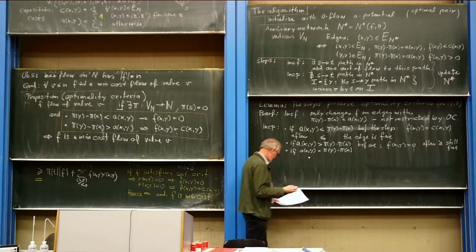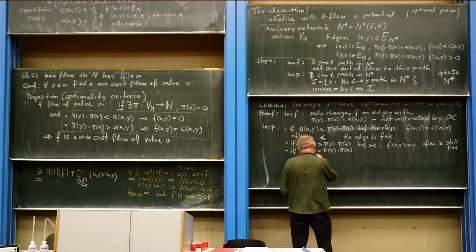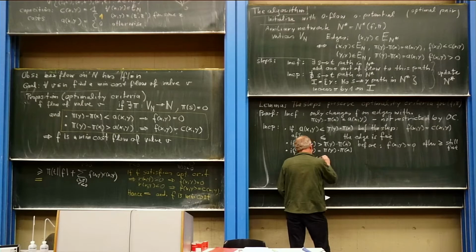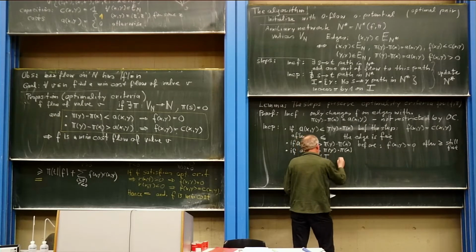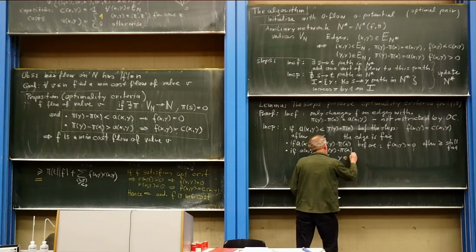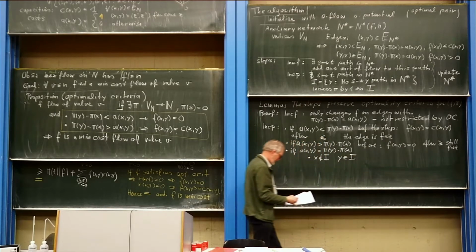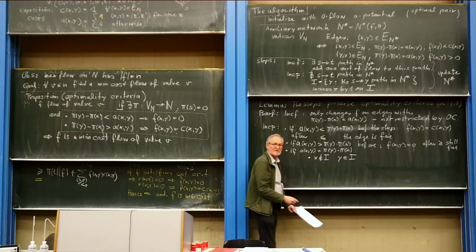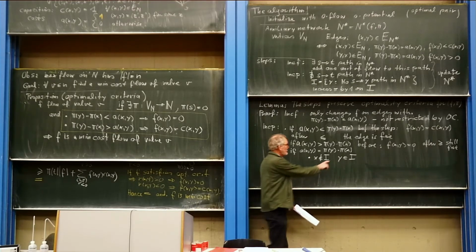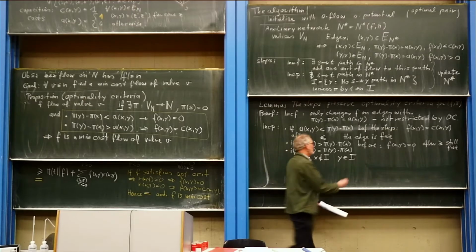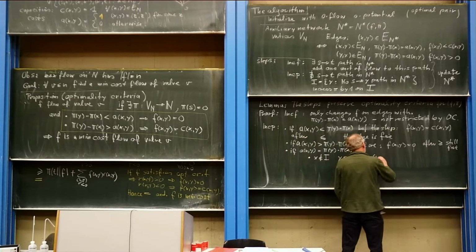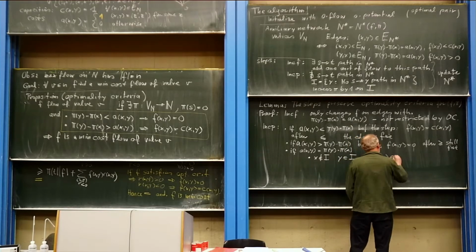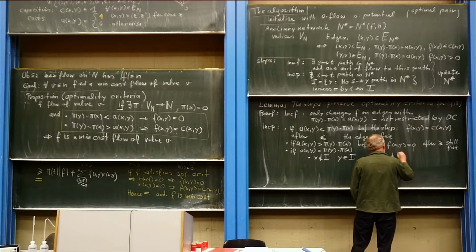The first one is if x is not in I, but y is in I. So we can reach x from S in the auxiliary network, but we cannot reach y. So this clearly says that the edge x, y is not in the edge set of the auxiliary network.